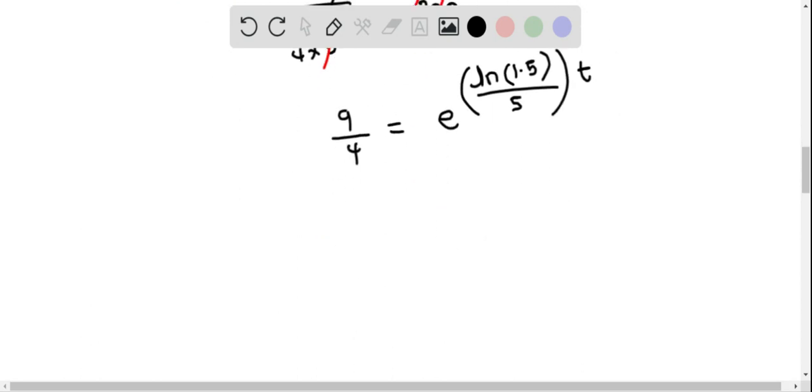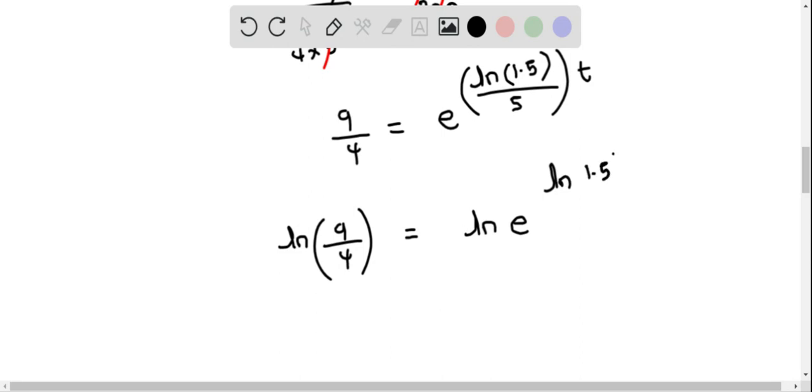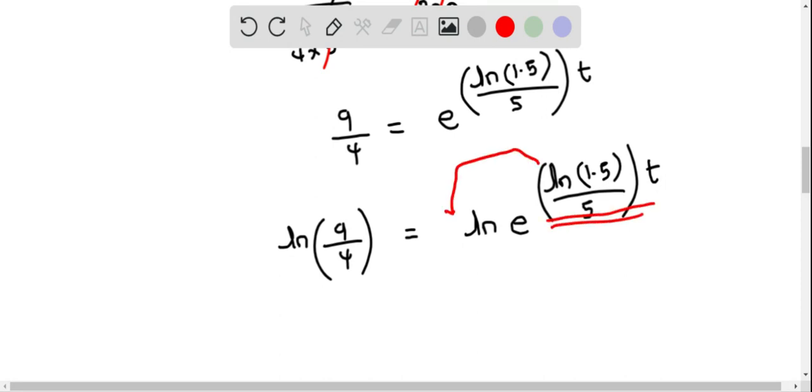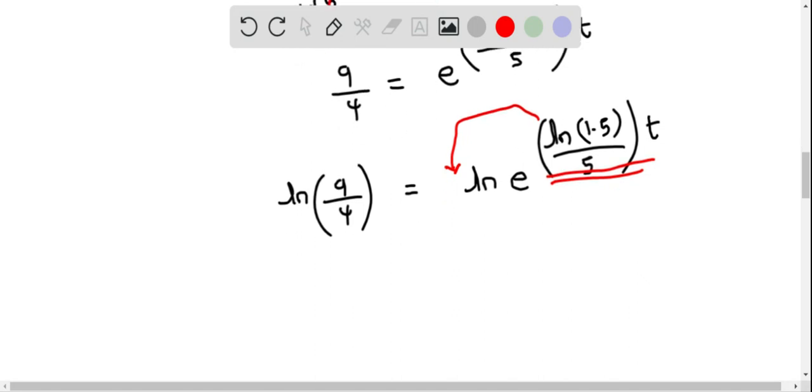Now to determine the value of t, once again we apply the natural logarithm to both sides. So the natural logarithm of 9 fourths equals the natural logarithm of e raised to the power of the natural logarithm of 1.5 divided by 5, multiplied by t. We can apply the power rule of natural logarithm, so this complete quantity comes in front and gets multiplied with the natural logarithm of e.